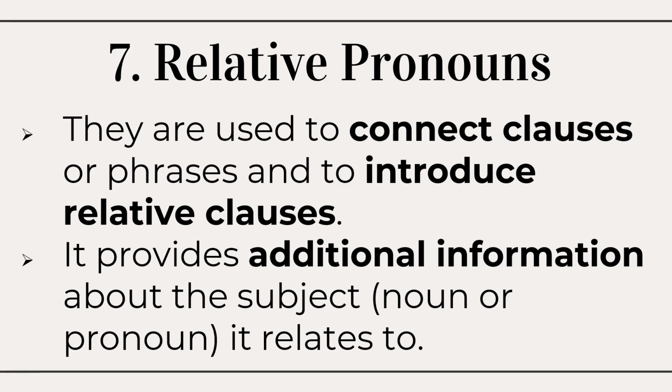They basically tell us more about the thing, person, or situation that is being referred to. If it's too complicated for you to retain, just remember that these words are used to relate one part of the sentence to another. A relative pronoun provides additional information about the subject, noun, or pronoun it relates to.